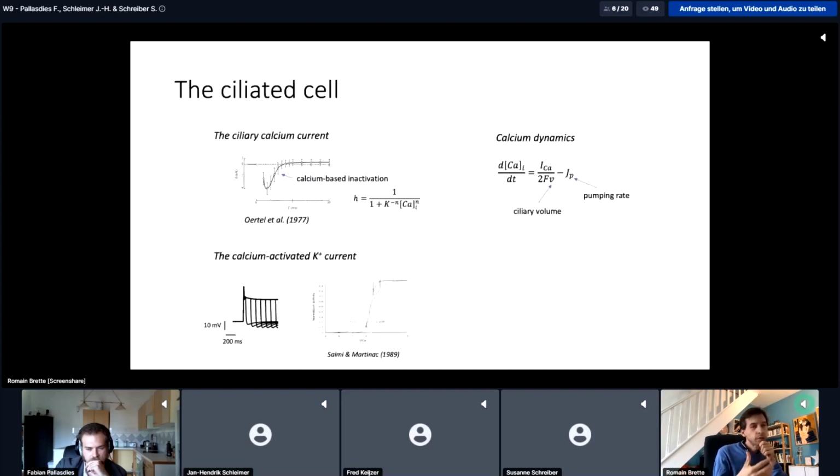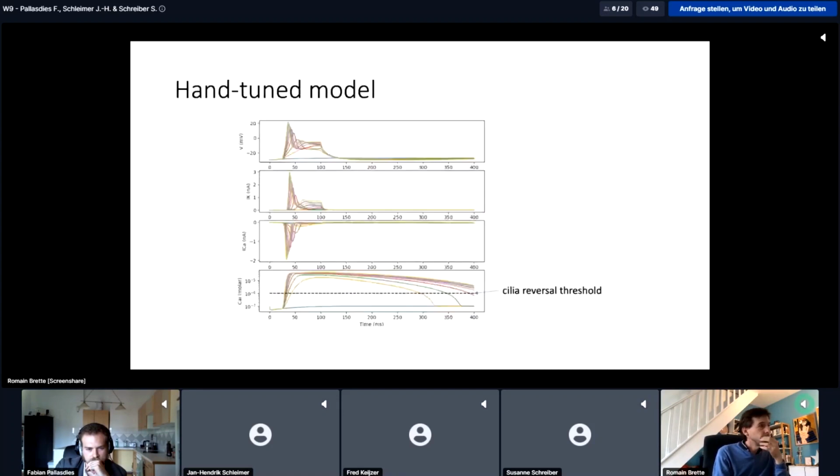With the hand-tuned model, you get something like this. This shows responses, graded action potentials, responses to current pulses. You can see the delayed rectifying current, inactivating calcium current, and then the calcium concentration that increases with that current, and then it's pumped out.